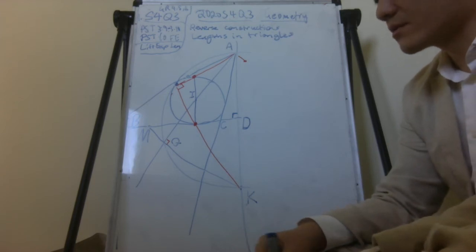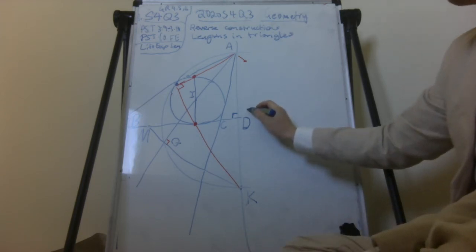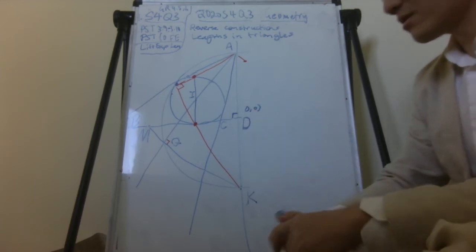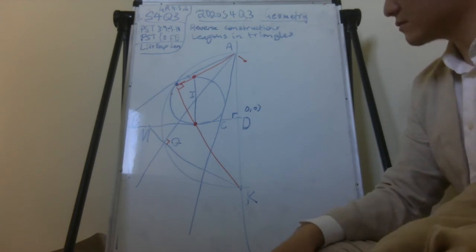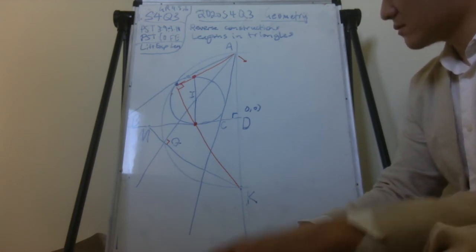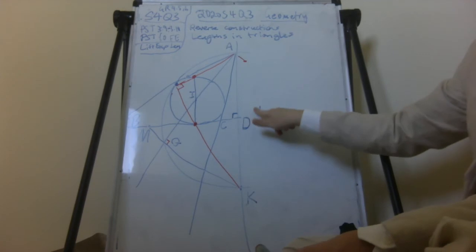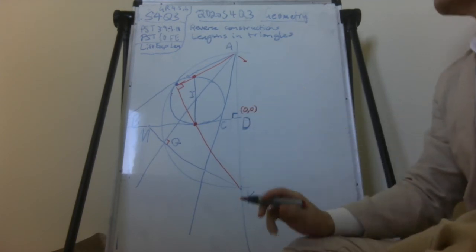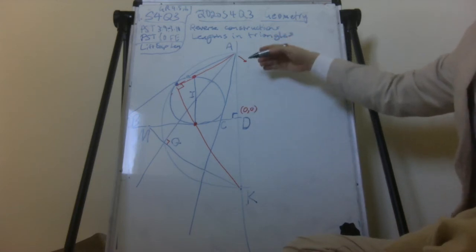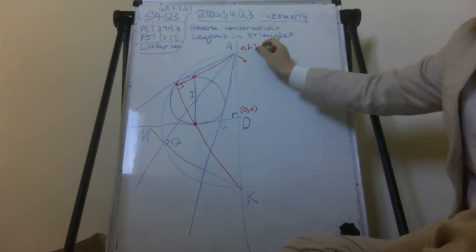So for example, you could make this the origin, yeah? Let me use another color for this. Yeah, let's make all this artificial stuff we're drawing in red. So what if we make D the origin, yeah? So A would be the height of the triangle, yeah? So we're going to call it 0, h, yeah?